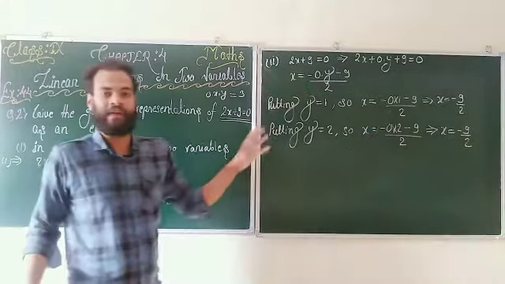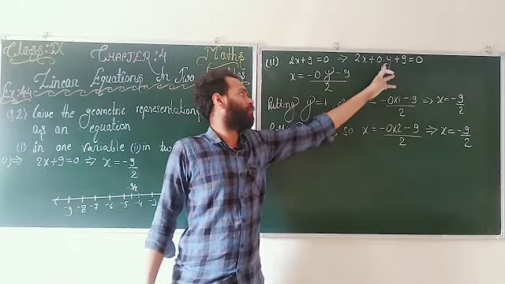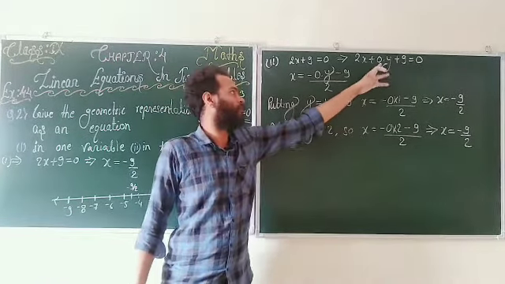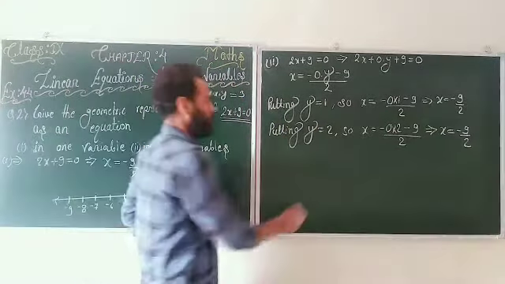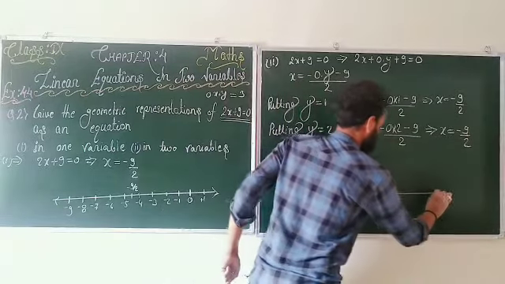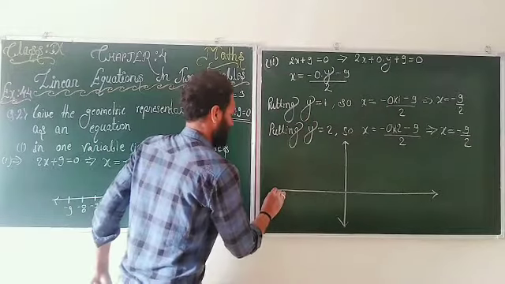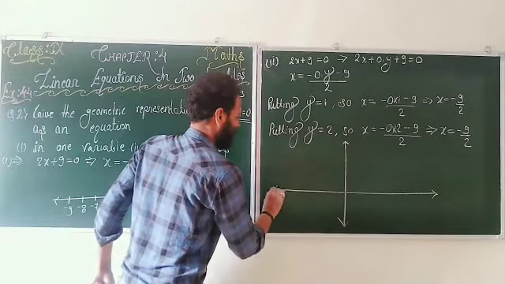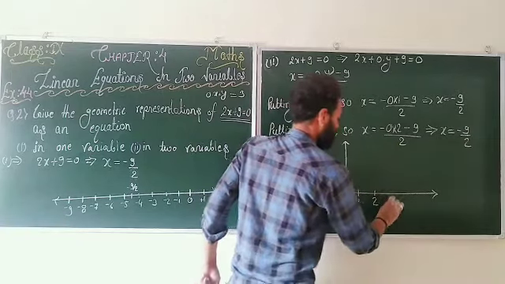In each case we get the same value of x because of 0 into y. When we put any value of y, multiplied with 0, the product is 0. So finally when we plot these points on the graph, we get a line which is parallel to the y-axis.